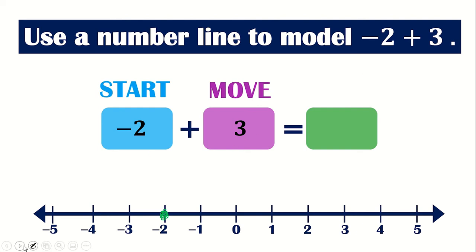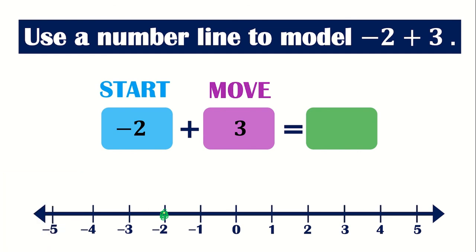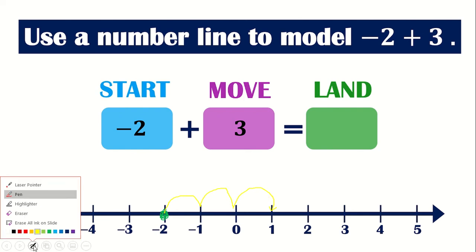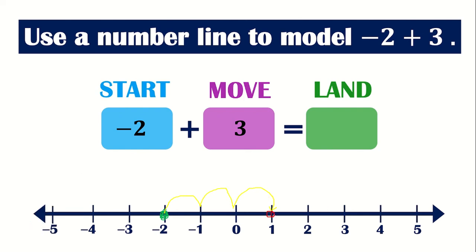Since it's positive, you need to move to the right. So that means that you need to move 3 times going to the right. 1, 2, 3. And now, finally, we already land on a certain number. And that certain number is 1. So the answer here is 1.